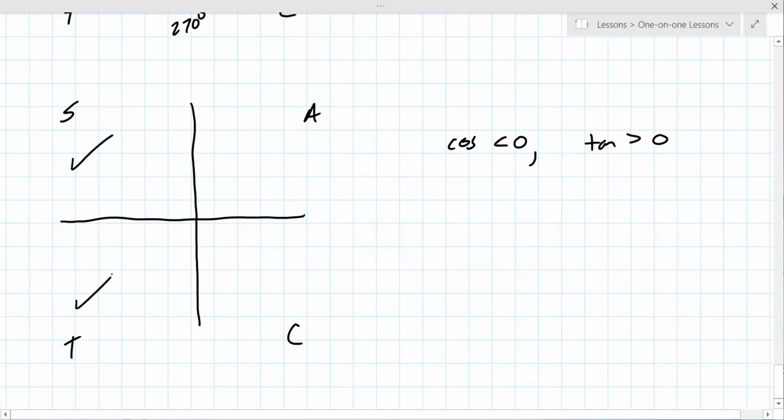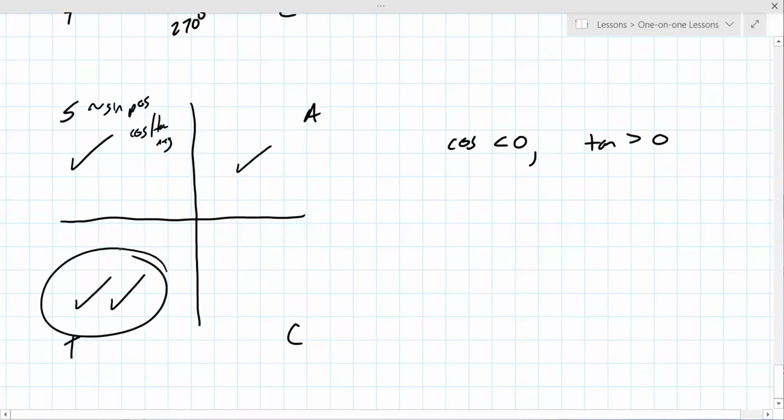And then tangent is positive in the second and the first quadrant? In the second quadrant, tangent is negative because only sine is positive. This is sine positive, and that means that cosine and tangent are negative. Oh, so tangent is positive in the first and the third. That's right. So see how the overlap is there?